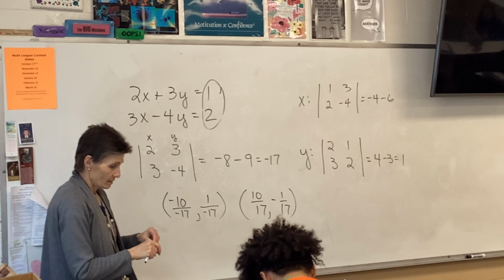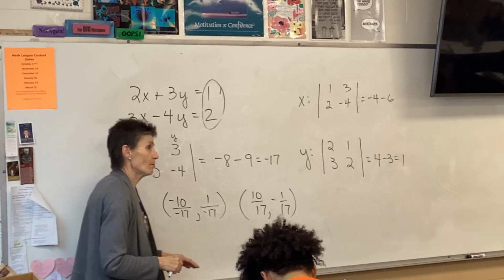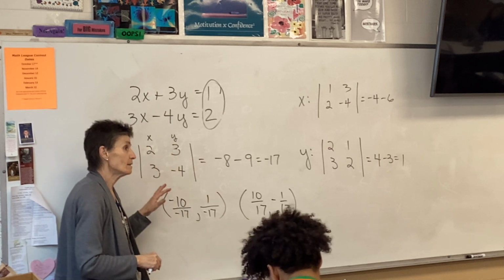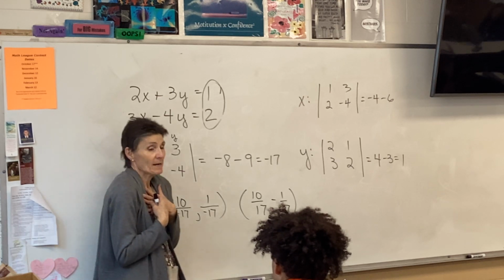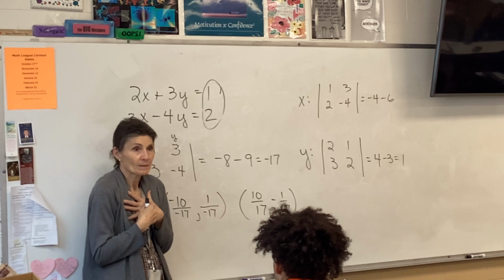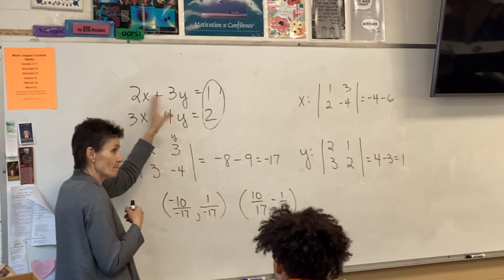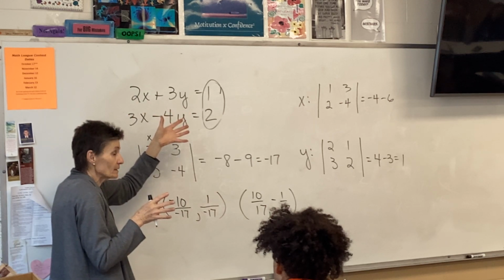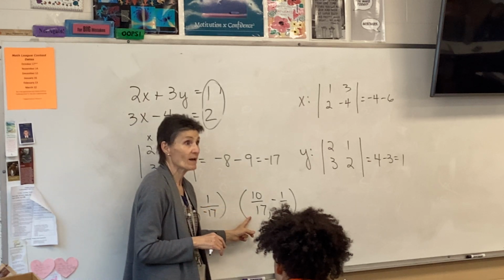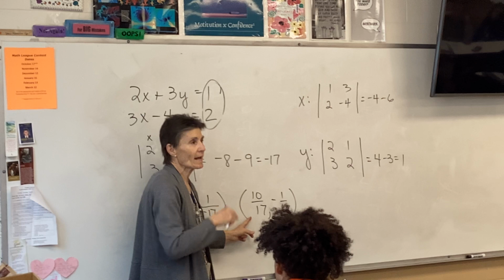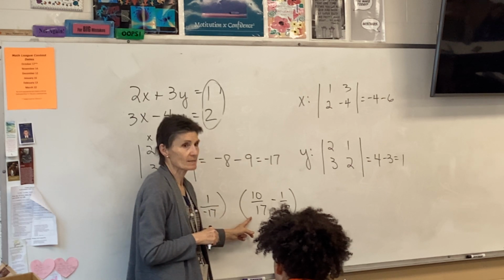Now, I want to talk about why there are people who really love Cramer's rule. I told you, I'm an eliminator, I'm gonna eliminate every time. When I eliminate, depending on what I eliminate, let's say I eliminate the y's, I would get 10/17 for my x value. And then what would I have to do with that 10/17?